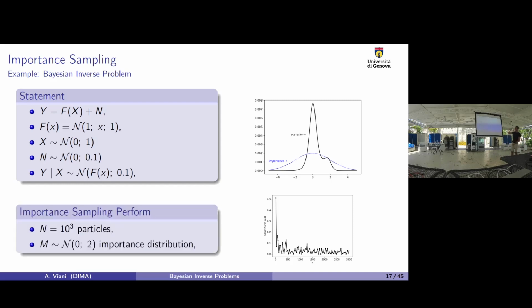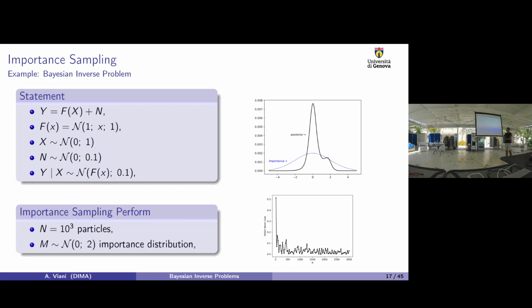Okay. And we used an importance distribution that is that one in blue with a huge variance, with the right variance. I just did the same thing as before and I chose the one that has a high effective sample size.